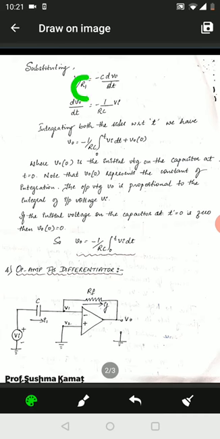Instead of writing this R1, I will write it as R only, because there is only one resistance. Even if I write R1 or R, both of them are same, as there is only one resistance involved. So now let us try to integrate, which means if I try to send this differentiation on the other side, what later happens?